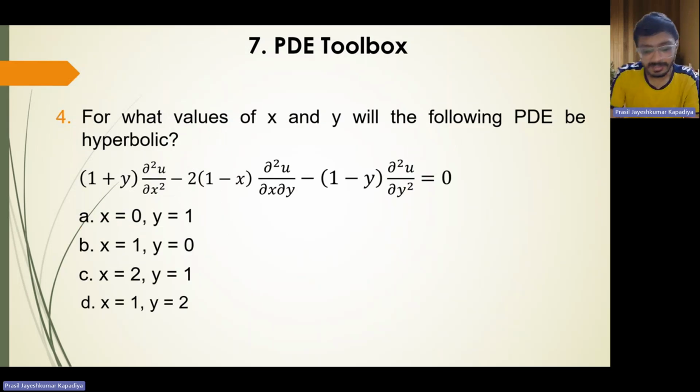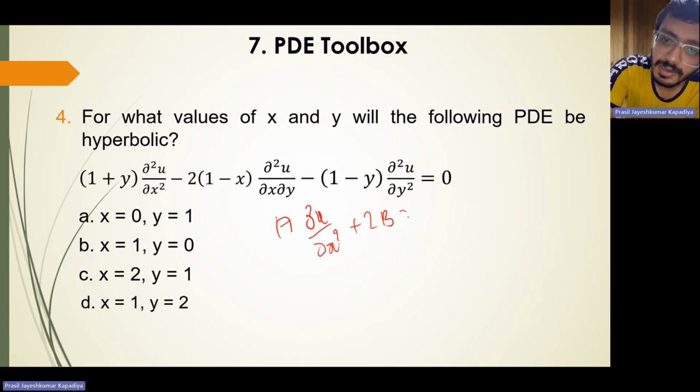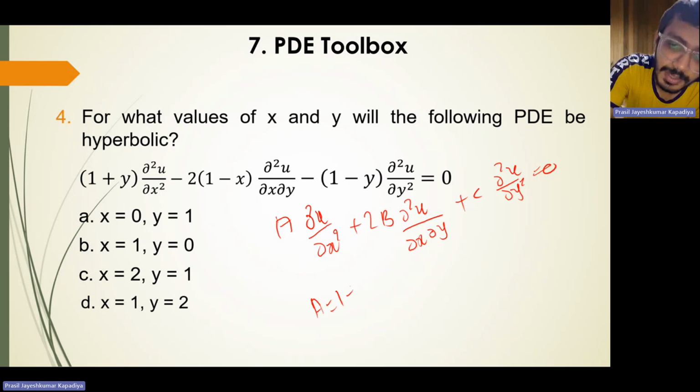Okay, next problem. This kind of problem can be there in your exam. For what values of x and y will the following PDE be hyperbolic? My standard equation is A del square u del x square plus 2B del square u by del x del y plus C del square u by del y square is equal to 0. So my A is equal to 1 plus y. My 2B is equal to minus 2 into (1 minus x).